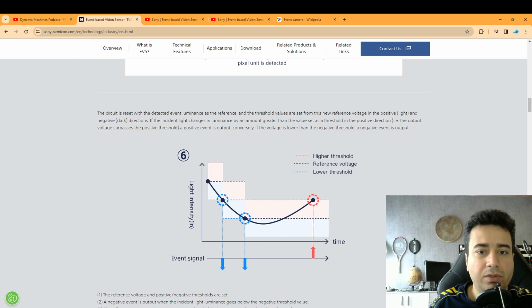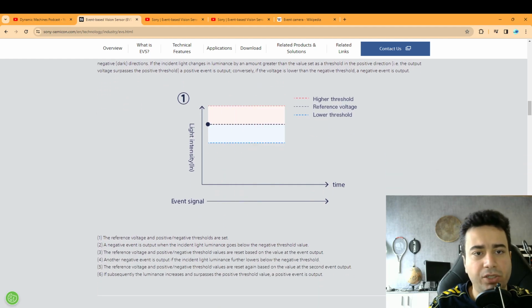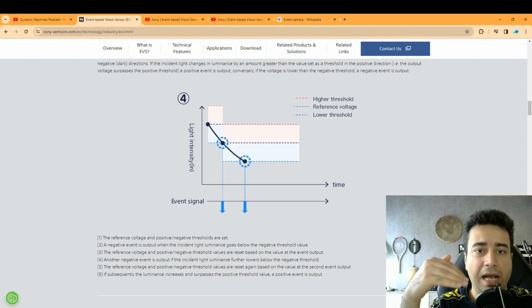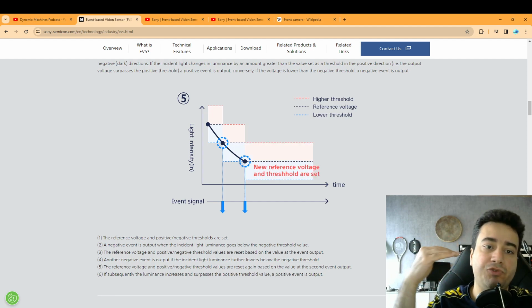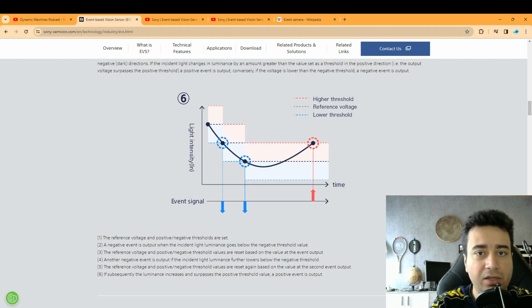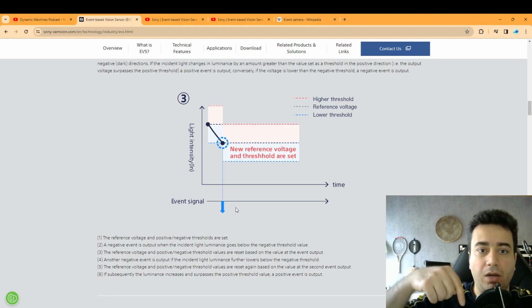The next one is also a very interesting animation. As you see, you have a high threshold, a lower threshold, and a reference voltage. When the illumination of this pixel falls below the reference, the event signal is negative. So you will see it here as a blue arrow pointing down.